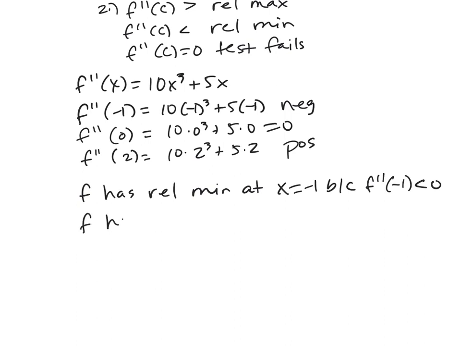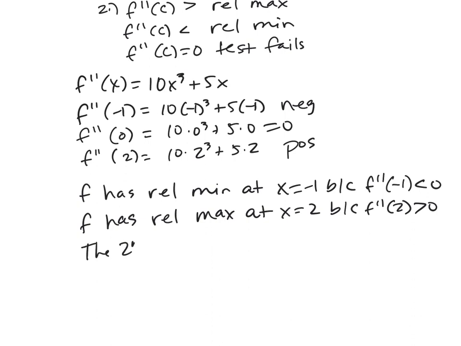And then we'll say f has a relative max at x equals 2 because f double prime of 2 was greater than 0. And then we'll just have to say the second derivative test fails at x equals 0. So we can make no conclusion about extremum at that point.